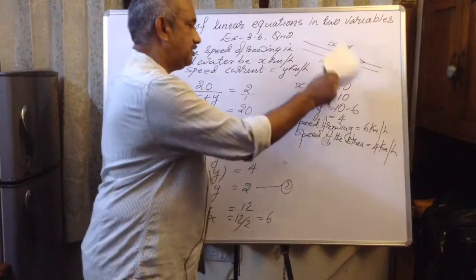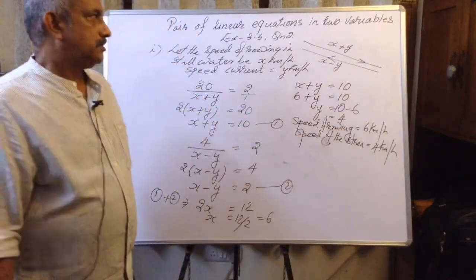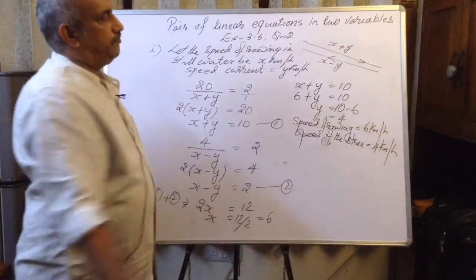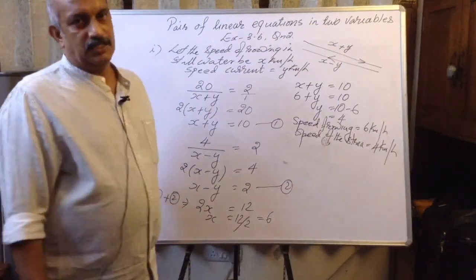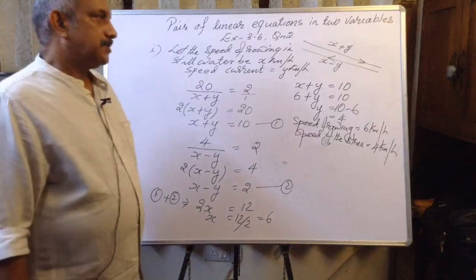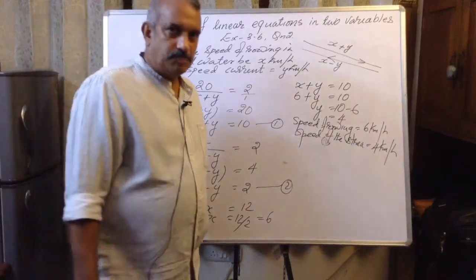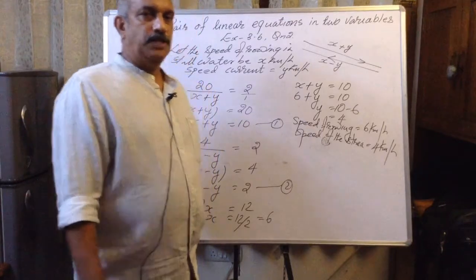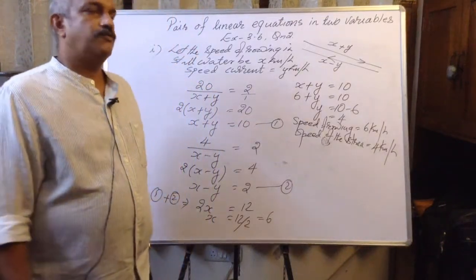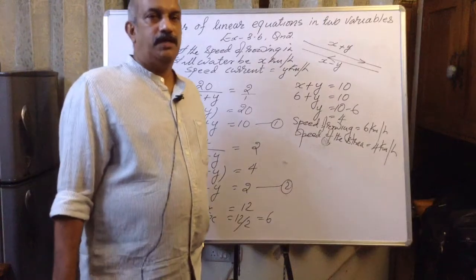So you have to understand, downstream means going in the direction of flow of water and upstream means going against the flow of water. In downstream, the resultant speed will be speed of rowing plus speed of flow of water, because both are in the same direction.